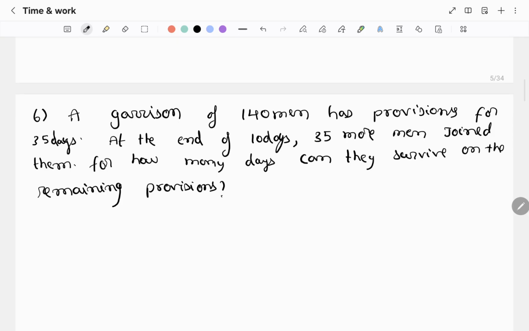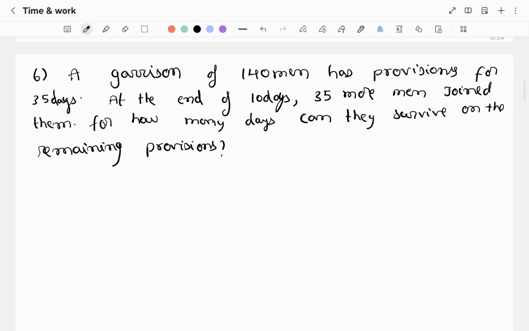A garrison of 140 men has provisions for 35 days. 140 men, provisions for 35 days. Then 35 more men were joined. Still the days are 35.